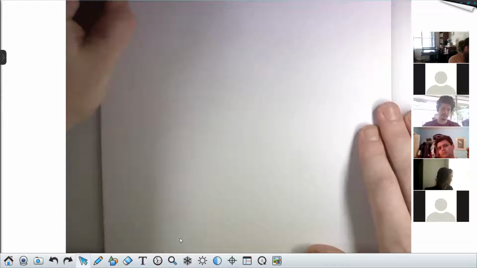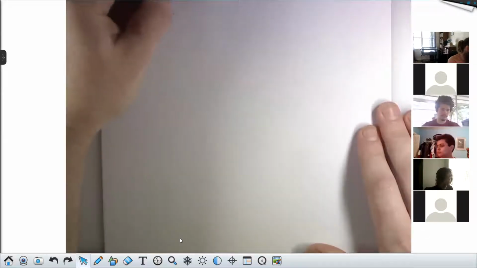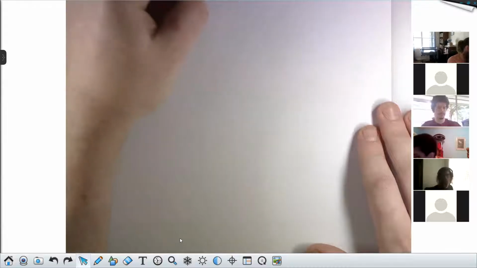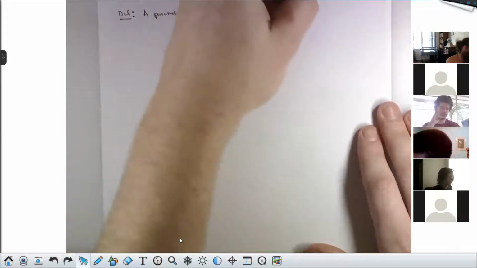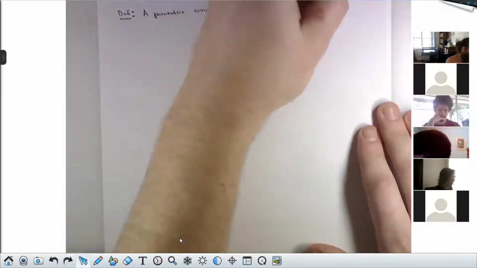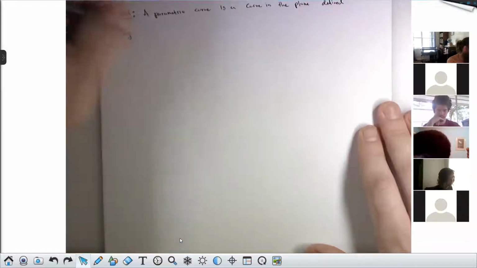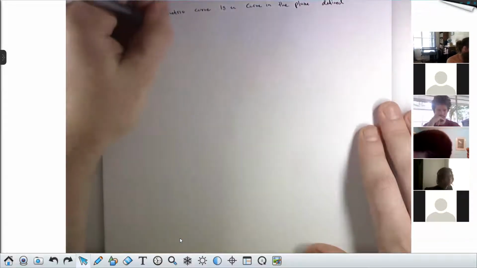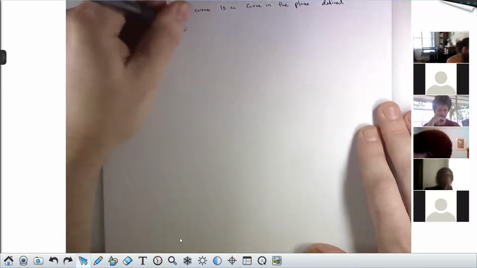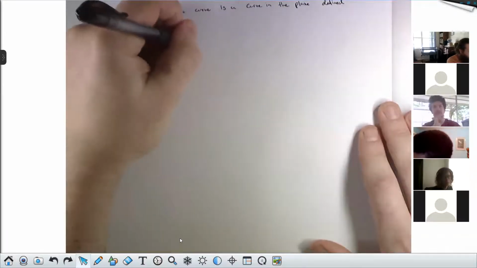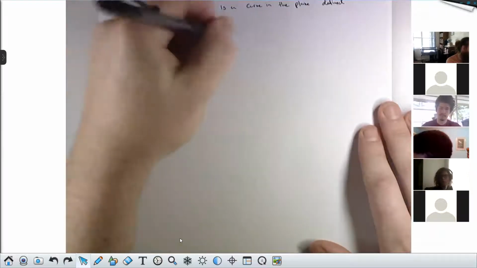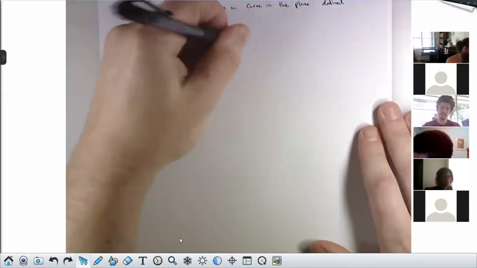So definition. A parametric curve is a curve in the plane defined by two equations, usually x equals, I'll call it f of t, and y equals, we'll call it g of t.